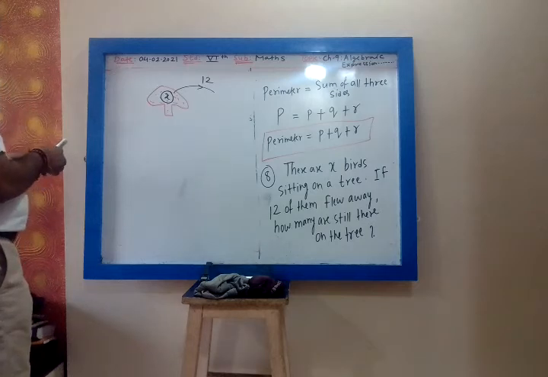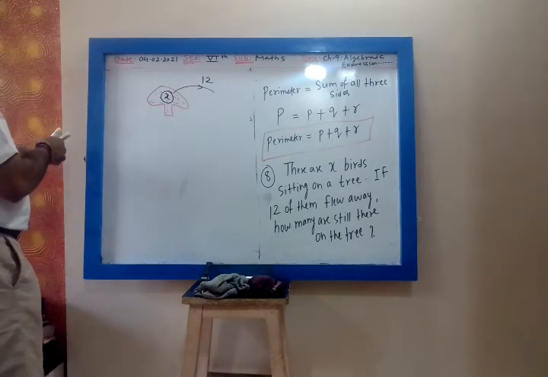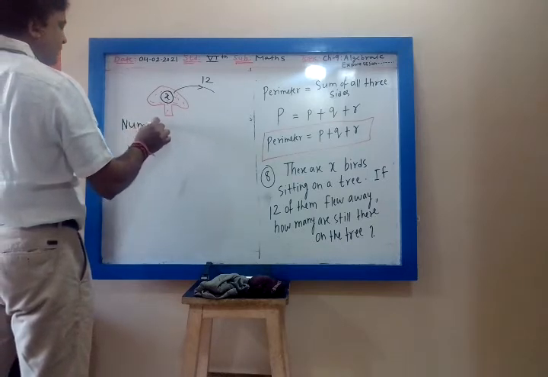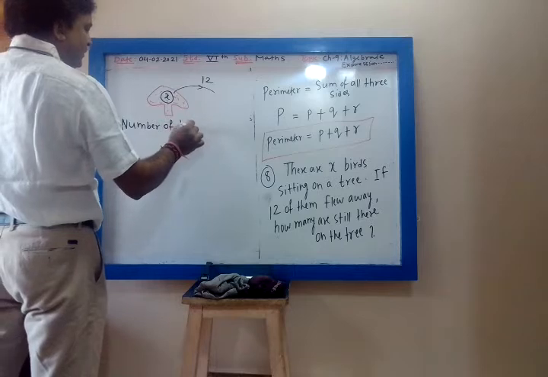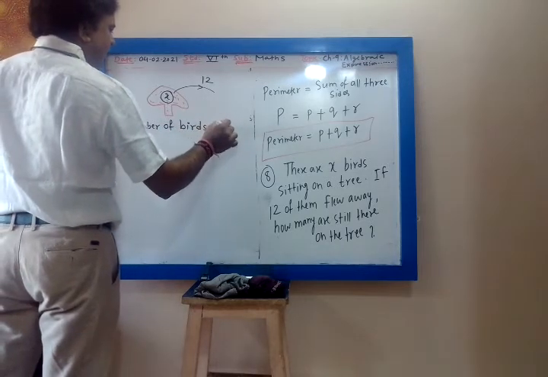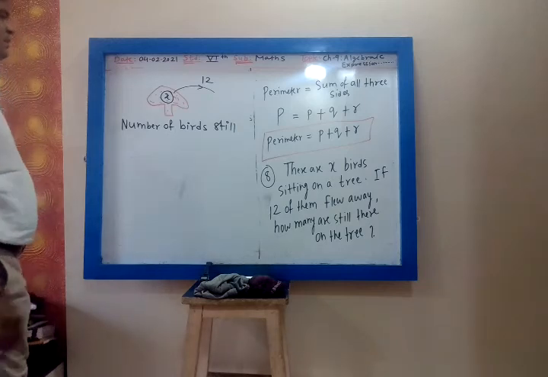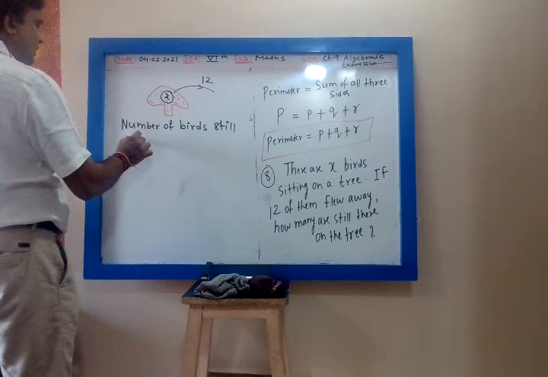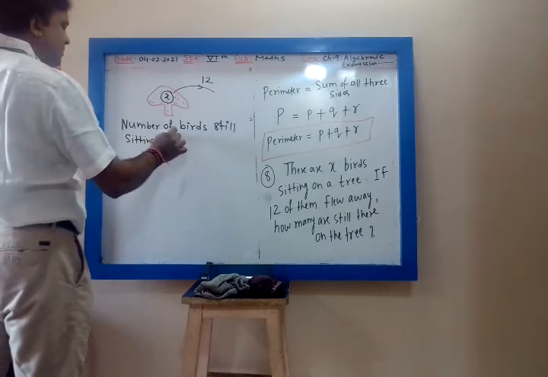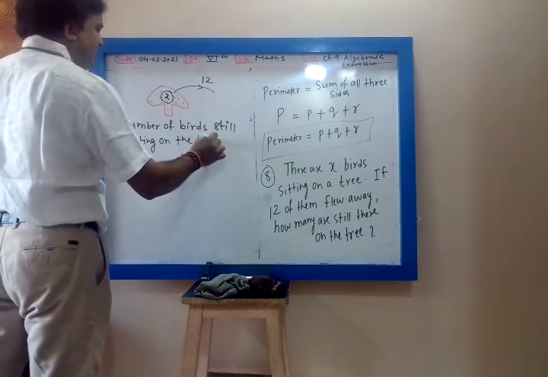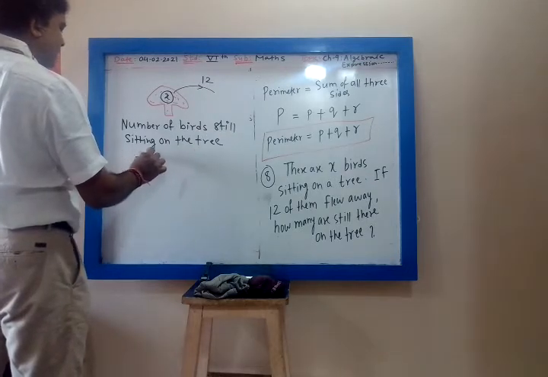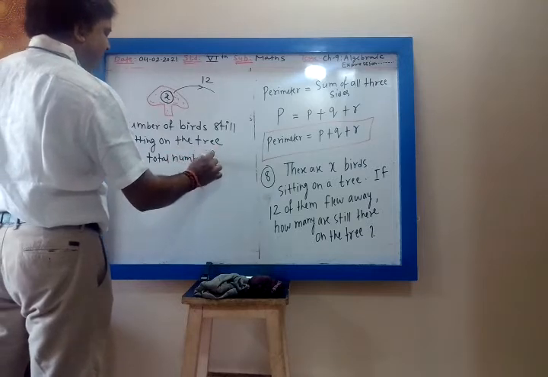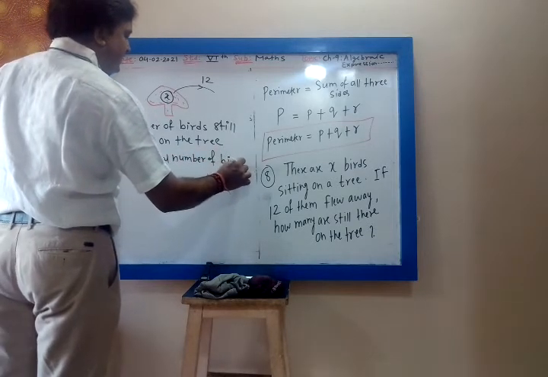So you write the number of birds. Number of birds still sitting on the tree is equal to total number of birds minus, we subtract.